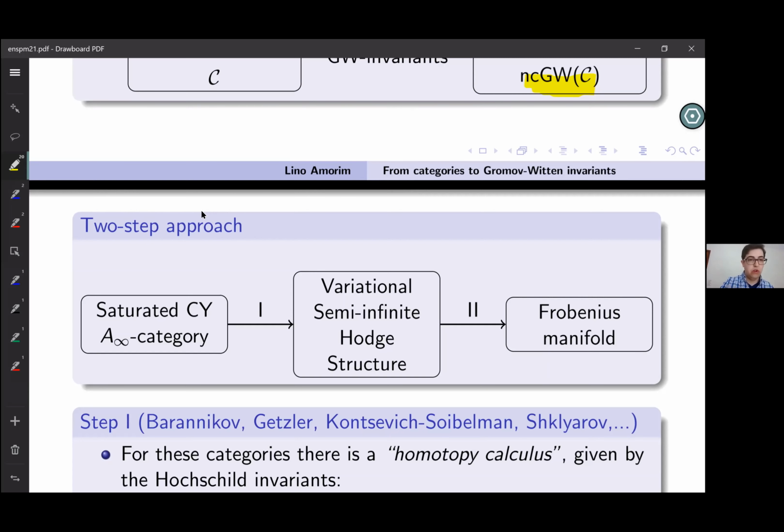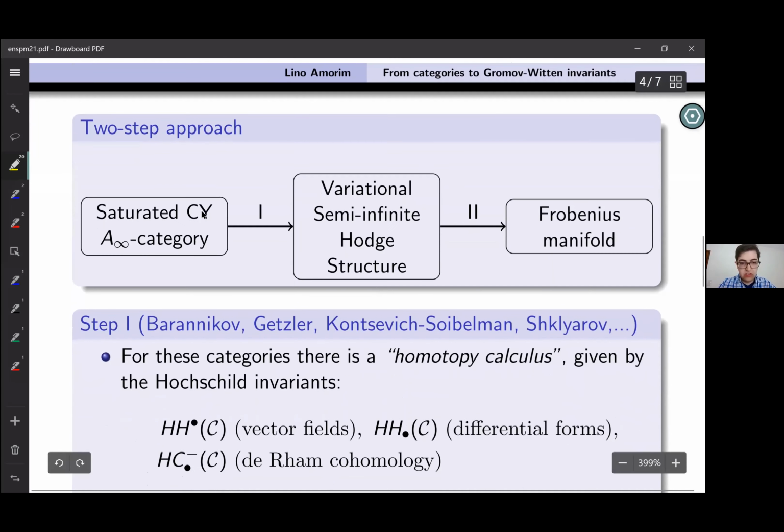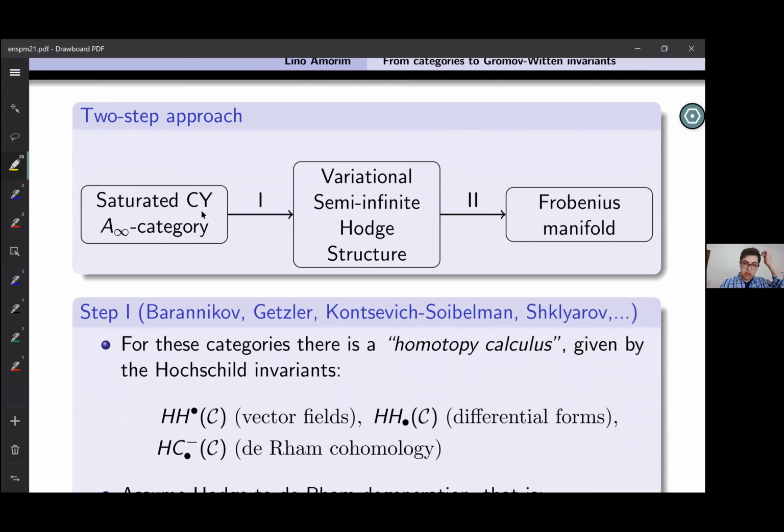Okay, so how do we get one of those in these cases? We have to look at Hochschild invariants of these categories. If you don't know what these things are, there's no hope of telling you what they are in this brief amount of time, but I'll try to make an analogy.